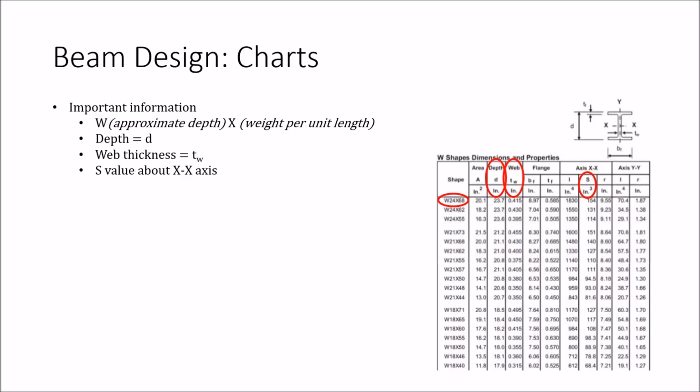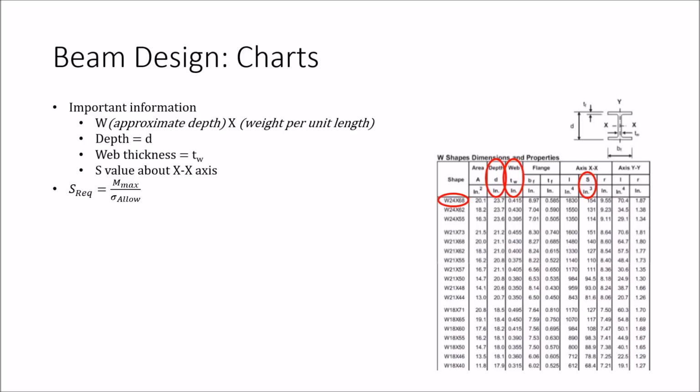Knowing that info now, we need to do some of our own calculations. First, we need to find the S required, which is the maximum moment over the allowable normal stress. This means we need to know what our max moment is. Then after calculating this, we need to select a beam with an S value greater than or equal to our S required.